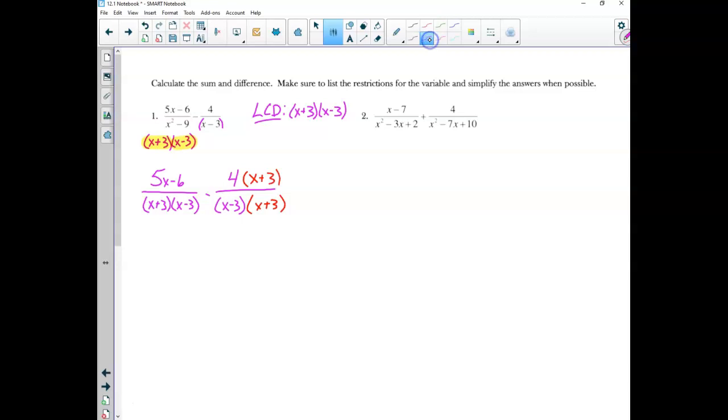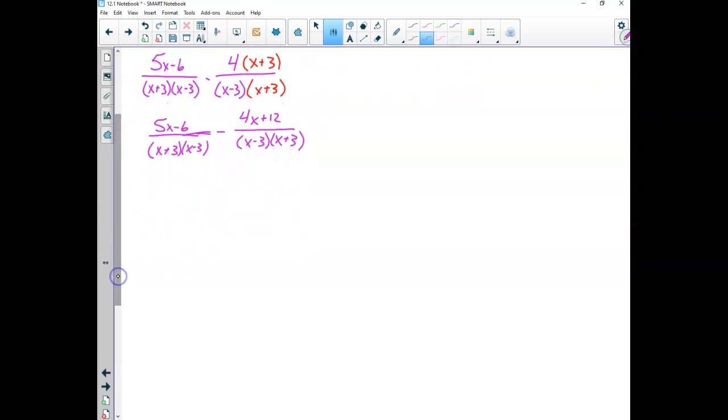Now my denominators are really the same. I have 5x minus 6 over x plus 3 times x minus 3. I never multiply my denominators. Minus 4x plus 12 over x minus 3, x plus 3. The next spot here is where a lot of people make mistakes. When I put these together, I have a denominator of x plus 3 times x minus 3.